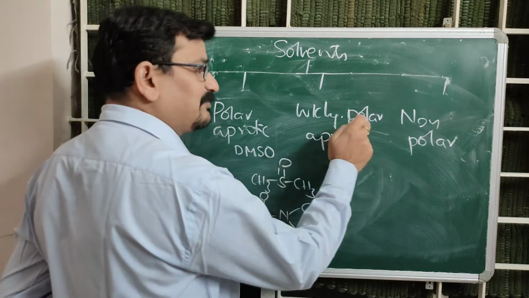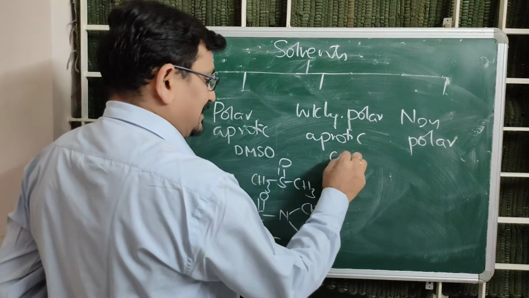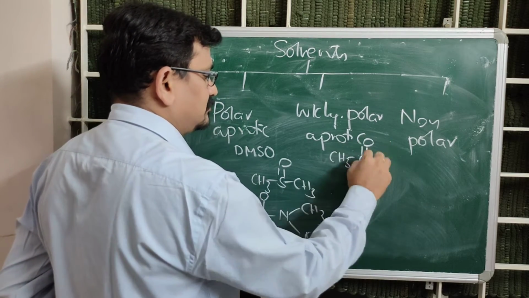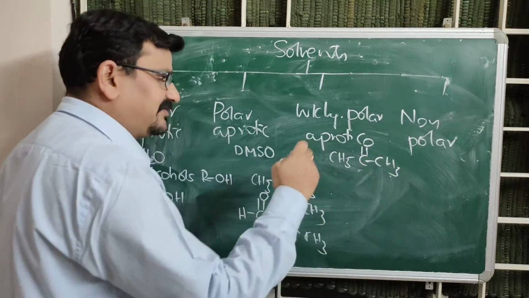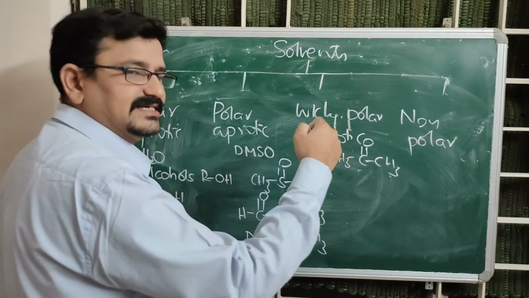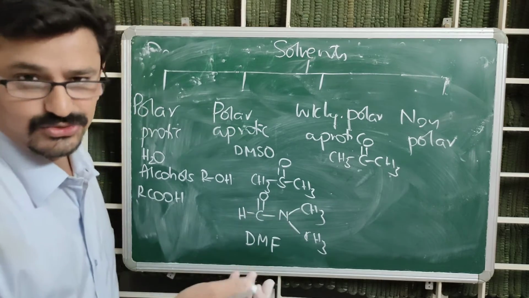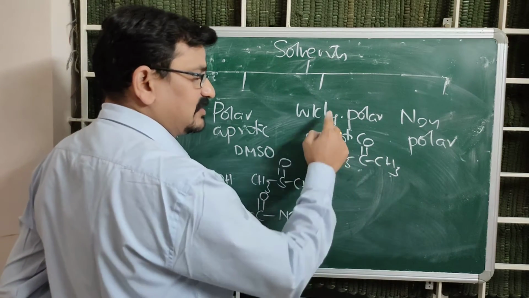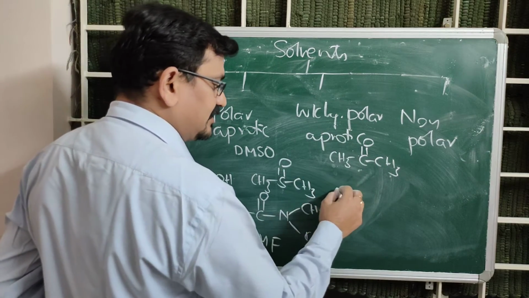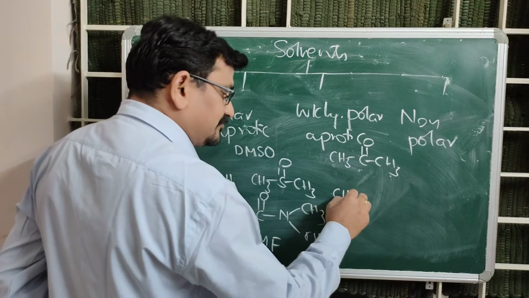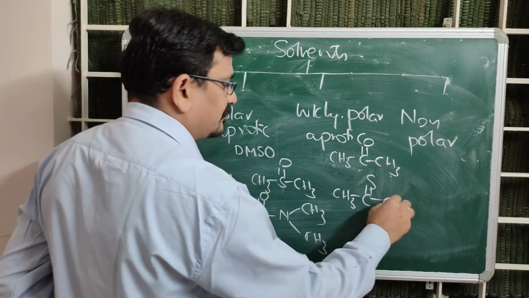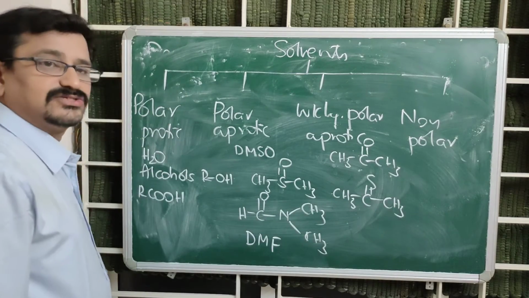When it comes to weakly polar aprotic, like acetone, whenever electronegativity difference decreases, polar nature decreases. Along with that, even atomic size plays a major role. So this is one example of weakly polar aprotic, and thioacetone is also an example.